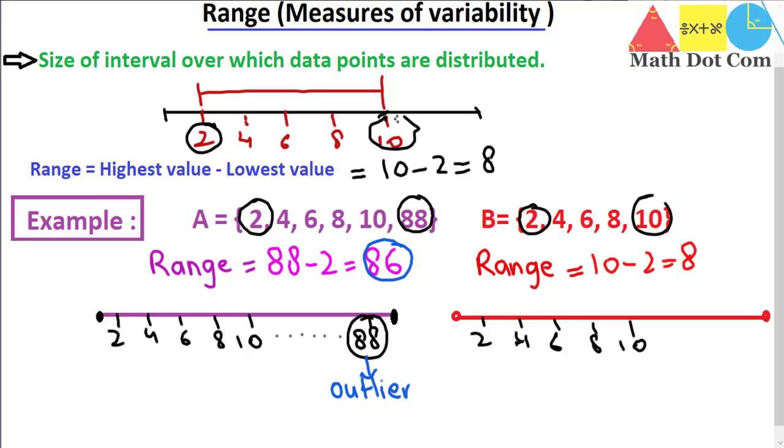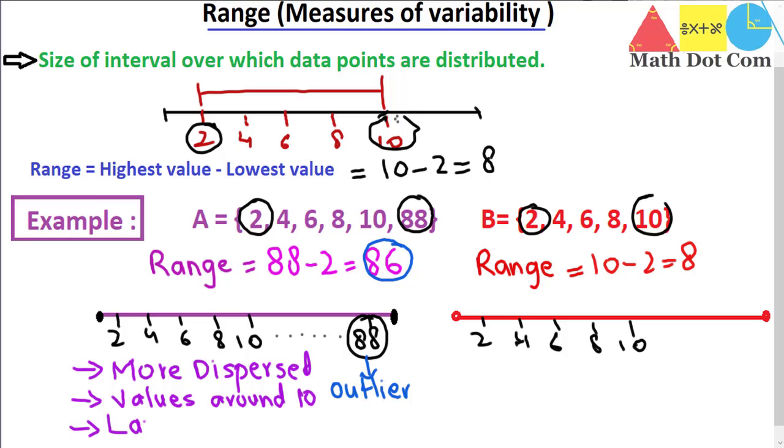So the data is more dispersed. If I write here, in data set A, data is more dispersed, most values are around 10, and the larger range is misleading in this case. While in the case of data set B, we have the values 2, 4, 6, 8, 10 and the range is 8. It means most of the values are within 8.